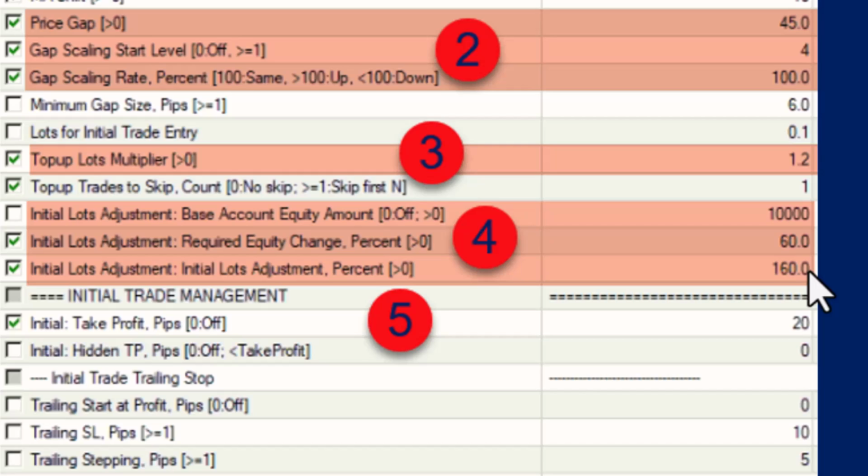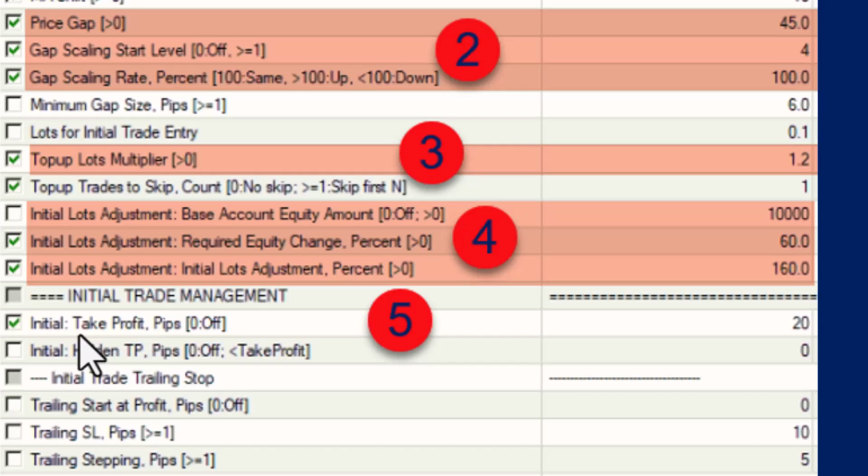That's basically what this setting does. And the reason why we brought that in is that the percentage of equity setting that are in other EAs is very dangerous and ineffective. But if you do it in jumps, like a 50% gain or 100% gain, it is way more efficient. So this is a way of turbo boosting your gains, because your lot sizing increases and you therefore gain more.